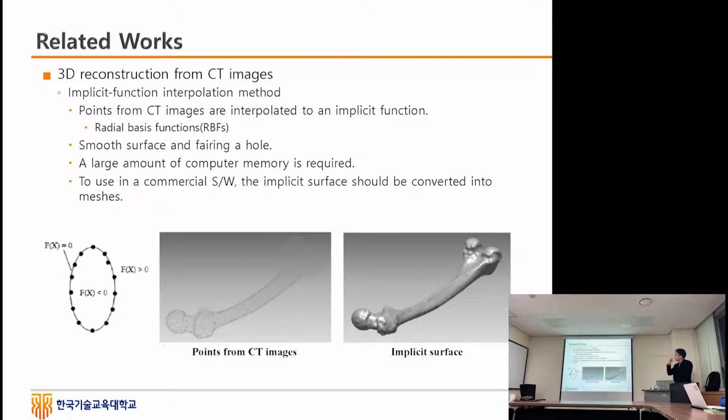Another method is the implicit function interpolation method. In this figure, if this is a CT image and we want to extract the boundary, we can assign 0 value to the boundary points, assign a negative value to the inside of a bone, and assign a positive value to the background points.